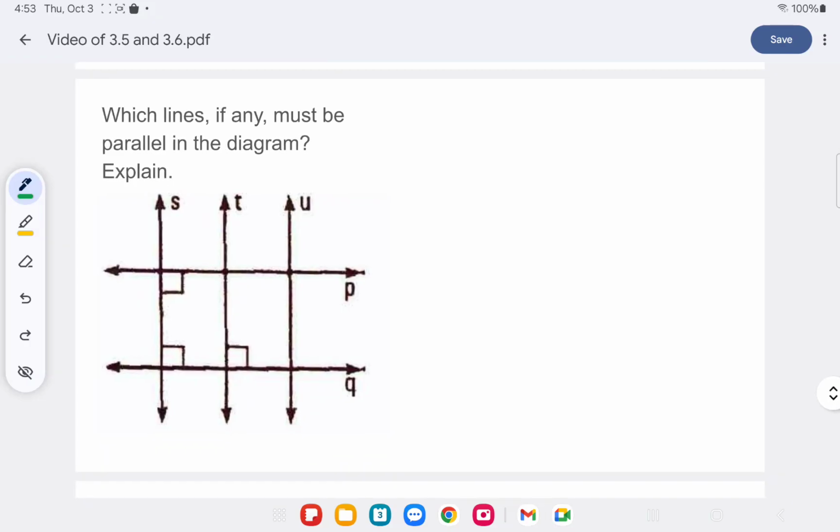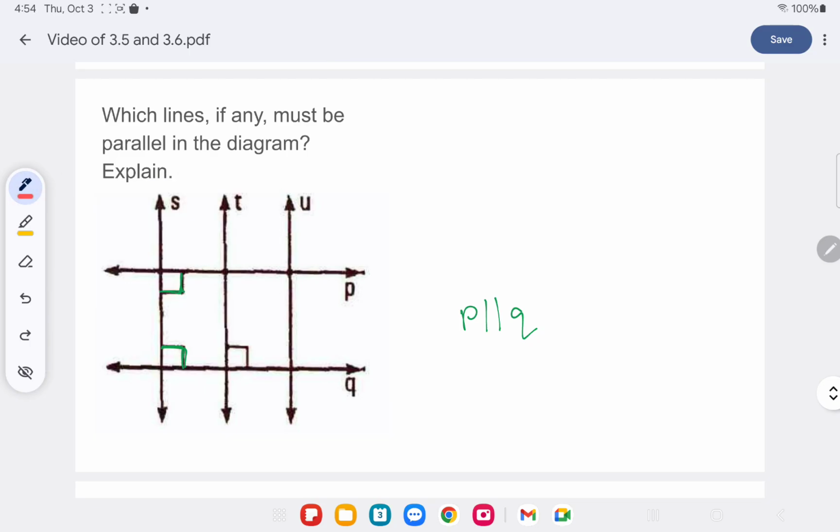So let's use that to figure out which lines must be parallel. Well, we've got perpendicular here and perpendicular here. So since P and Q are both perpendicular to S, P and Q must be parallel to each other.